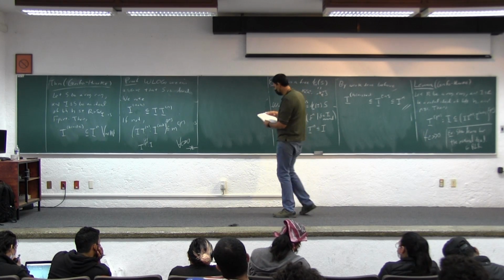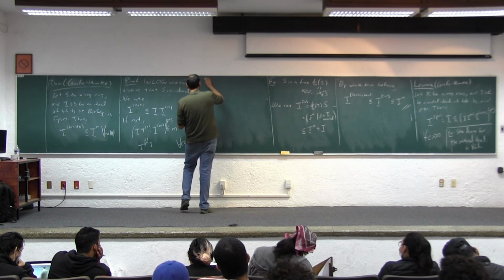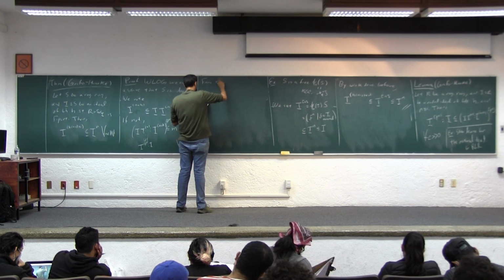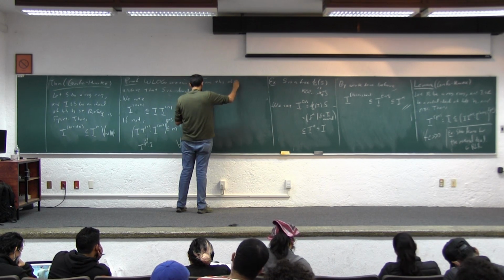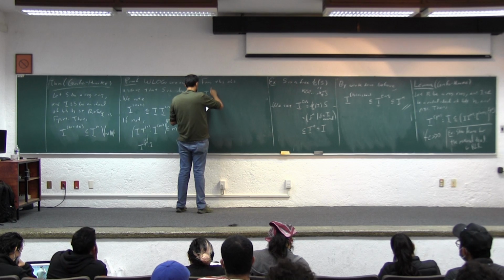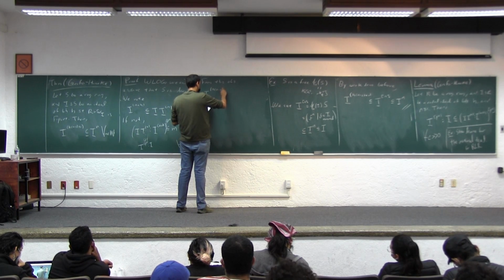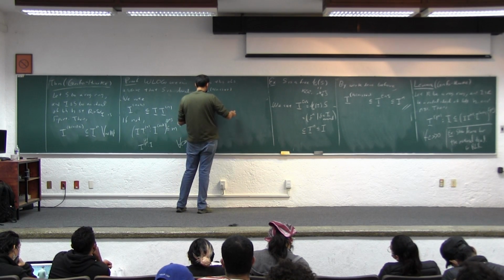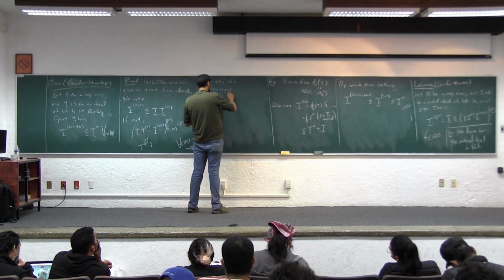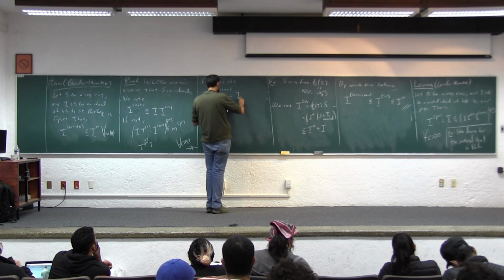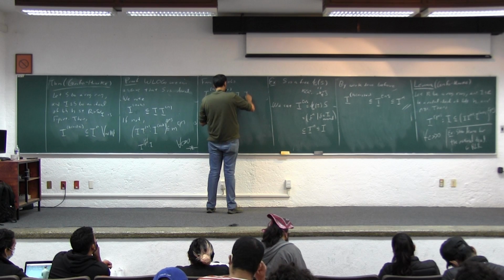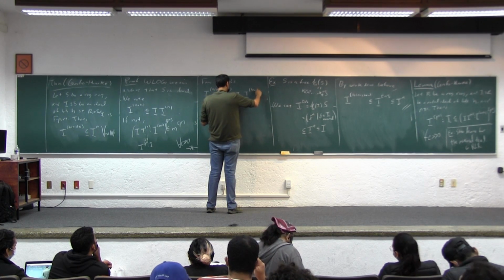But we're pretty much done, because from this observation, I H^(n-1) plus 1. We can just continue. We get this is contained in I times I H^(n-2).